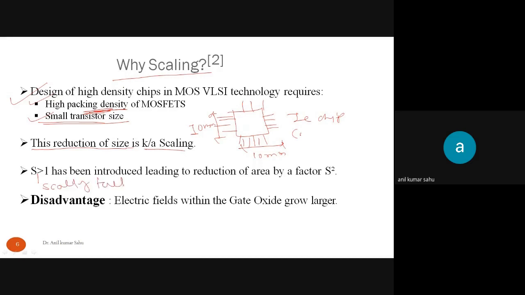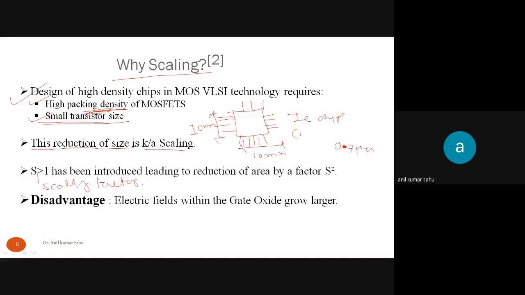Every technology node has around a 0.7 change of size every year. So S is nothing but the scaling factor.